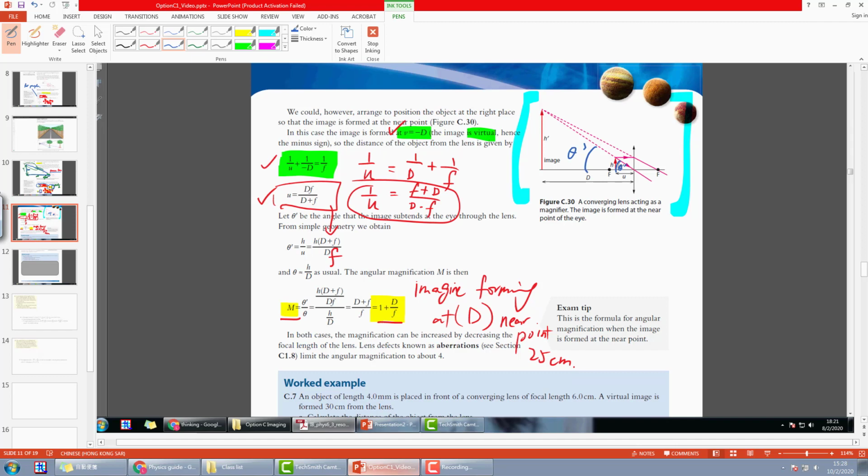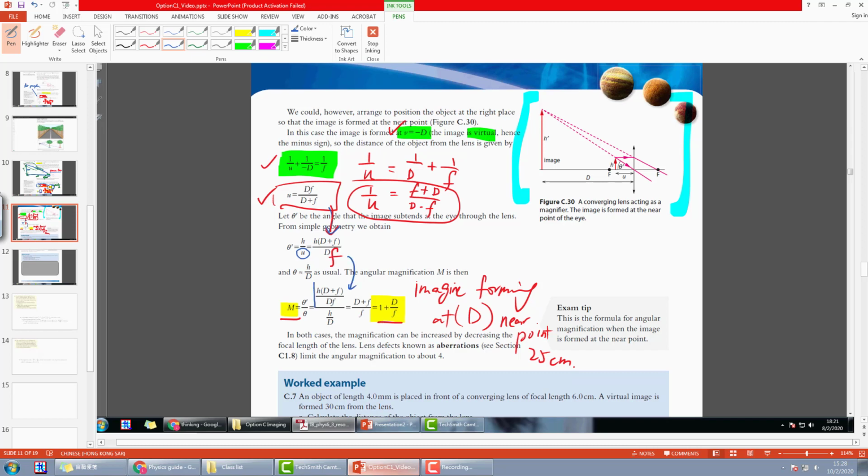So finding this is the same as finding this. You may use h over u again with this similar triangle, and then by substituting u from this, you find there is a variable f missing. So this is a typo. Only with this can you lead to the next part.